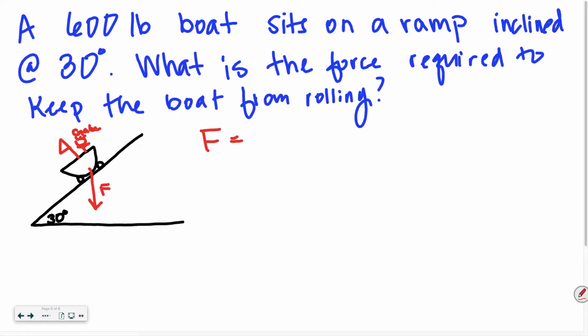Do you agree that this is negative 600 j? Because it's gravity, it has to be negative. It's down.